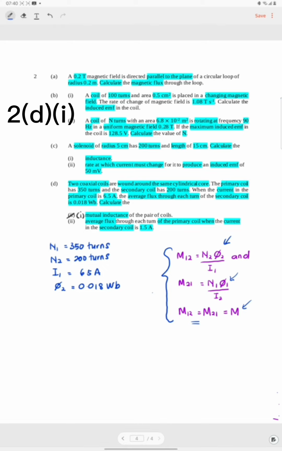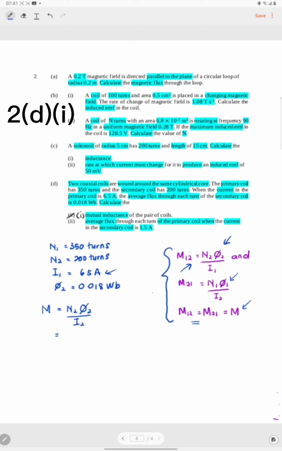Alright, so based on the information that we have listed down here, the most suitable formula that I can use is this one, because we are given I1. So M12 I just replace with M, N2 times magnetic flux 2 divided by I1.